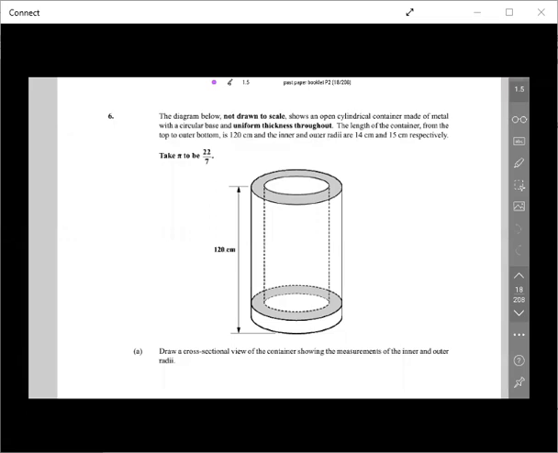So the question says, the diagram below, not drawn to scale, shows an open cylindrical container made of metal with a cylindrical base and uniform thickness throughout.